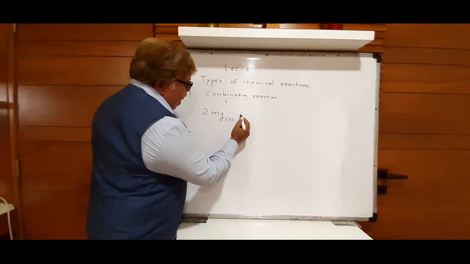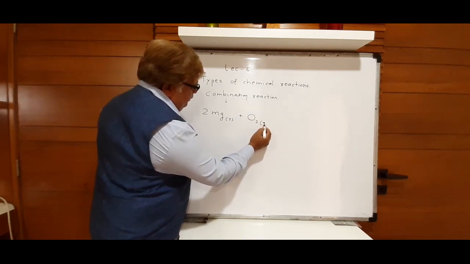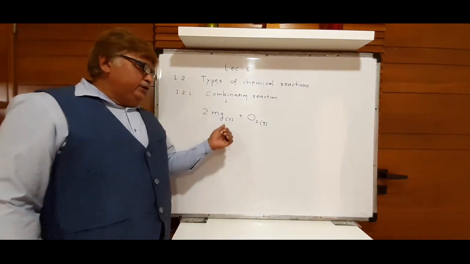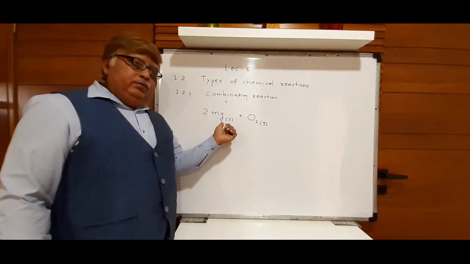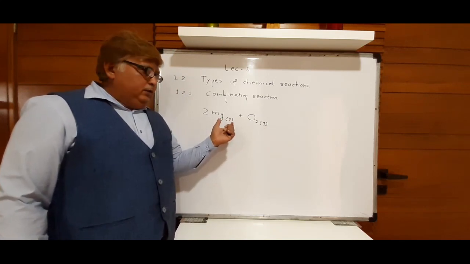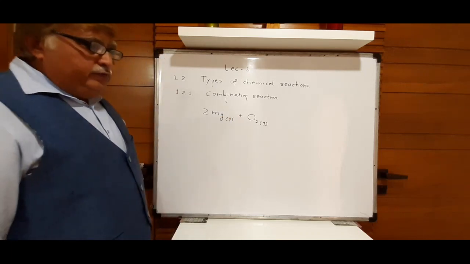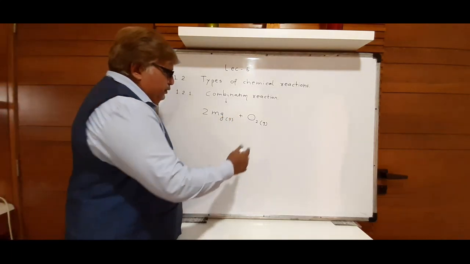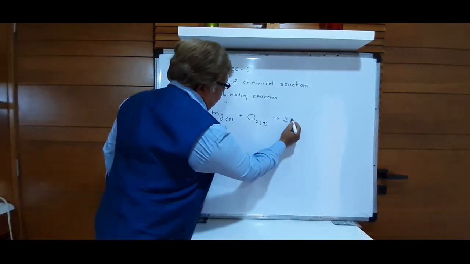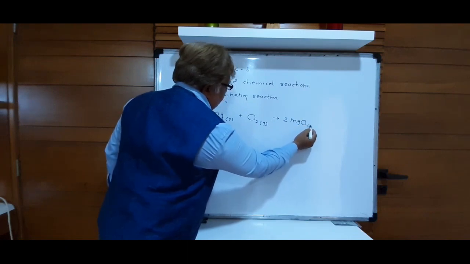When magnesium combines with oxygen in gaseous form, when magnesium ribbon burns, it burns with a dazzling flame, reacts with atmospheric oxygen and forms magnesium oxide. So what happened here?